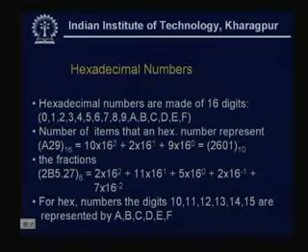Similarly, I have hexadecimal numbers. Hexadecimal numbers are made of 16 digits: 0, 1, 2, 3, 4, 5, 6, 7, 8, 9, then 10, 11, 12, 13, 14, 15.